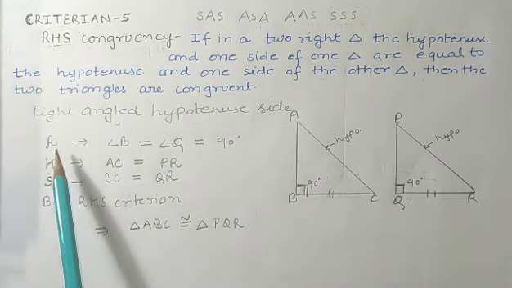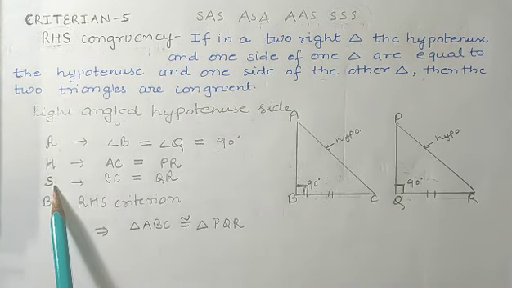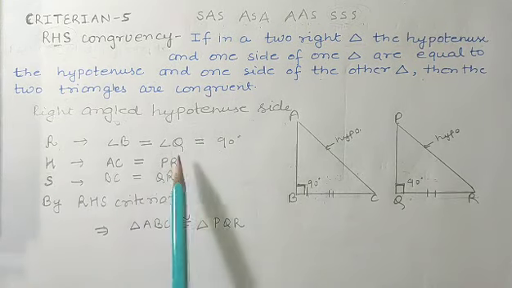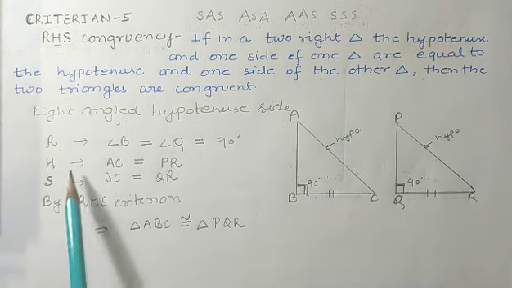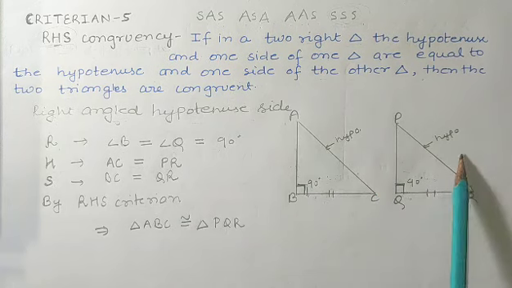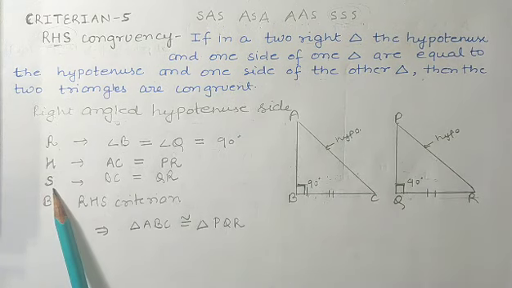RHS means right angle, hypotenuse, side. So the first condition, their right angles will be equal. Second condition, their hypotenuses should be equal. And the third condition, that is side, any one pair of the sides other than the hypotenuse should be equal. Then the 2 triangles will be congruent by the criteria RHS.